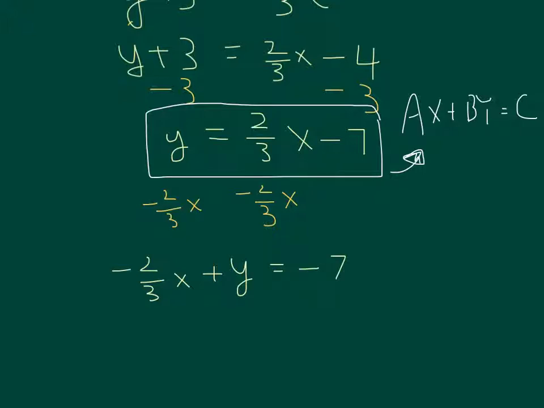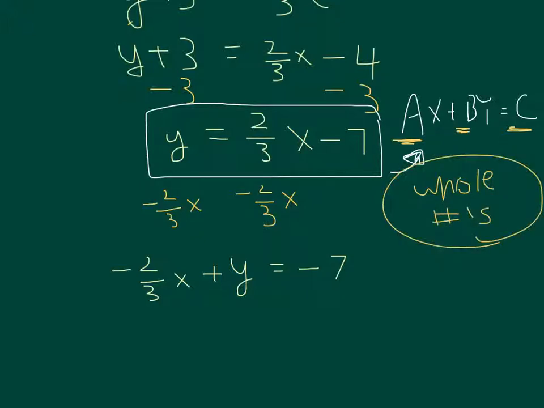I'm really close now. I have the x and y on the left side, and I have a number on the right side. But the only thing I have to remember is that a, b, and c must be whole numbers, so I can't have any fractions. So how do I get whole numbers? Well, I look at each of my terms and figure out what the common denominator is. In this case, the common denominator is 3.